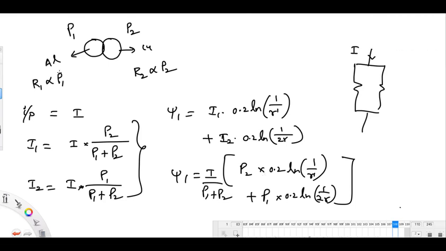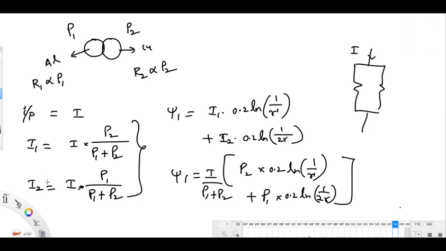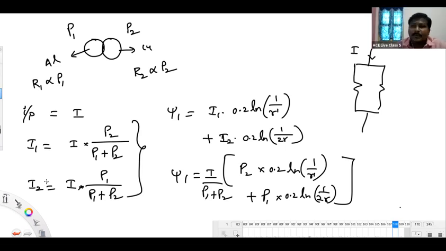Sir, tell me, Kumar. Sir, for hollow conductor GMD, like in circle arrangement of n subconductors touching. GMD for hollow conductor? Why are you talking about GMD if you are saying hollow conductor? Like if we are given a hollow conductor, we have to calculate self inductance. Then you have to think about GMR.